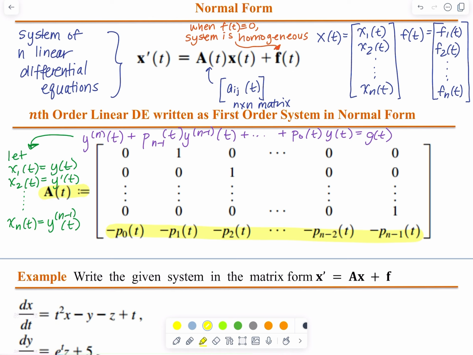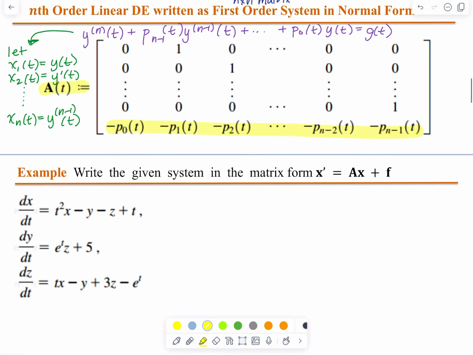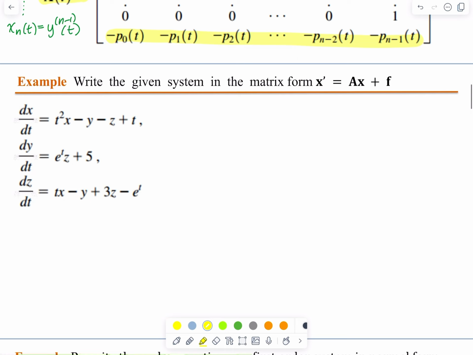Let's go ahead and try our first example. Write the given system in the matrix form x prime of t equals Ax plus f. So we're going to go ahead and define our vectors. We will have x of t equal to x of t, y of t, and z of t.